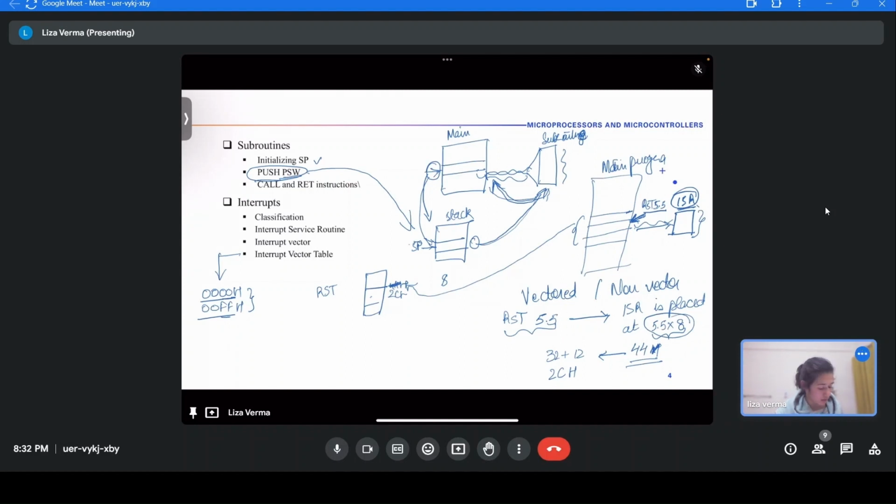Yes, you were correct. So this is the case for RST 5.5, and similarly you can calculate it for 6.5 and 7.5. If you see, the difference between these is 8 locations, so there can be interrupts where you cannot put the ISR in 8 locations.